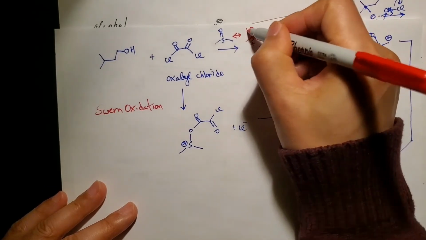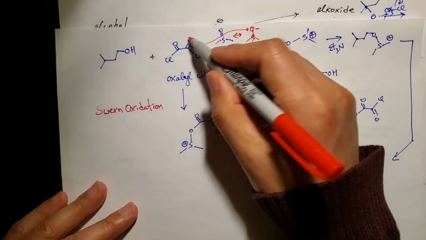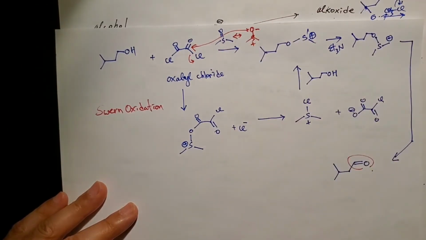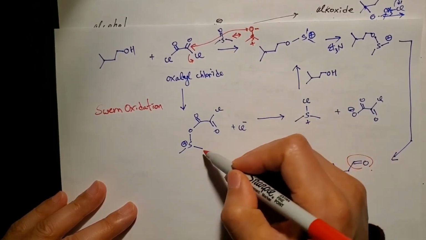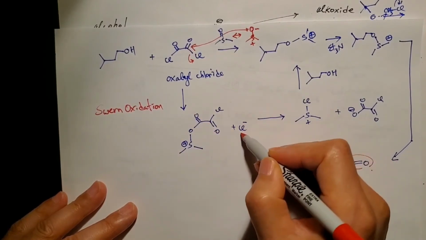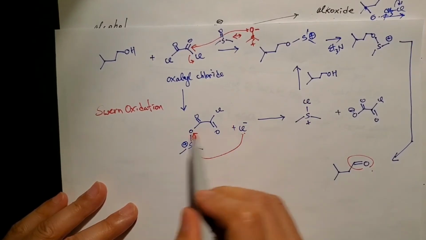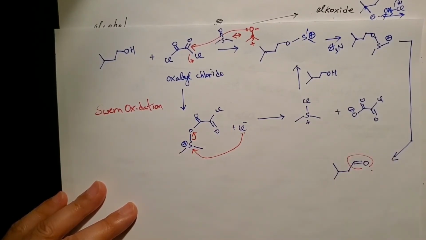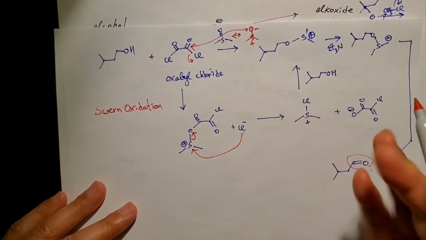This negative oxygen is able to attack here and it breaks, reforms, and kicks out the chlorine, and you have this. Then because this is a good leaving group, the chloride can attack and replace, and that acts as a leaving group. Actually, the mechanism is not stepwise like this, but that's okay.